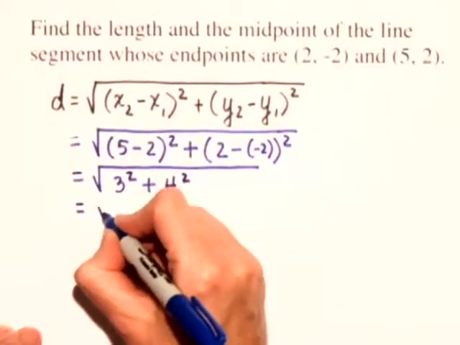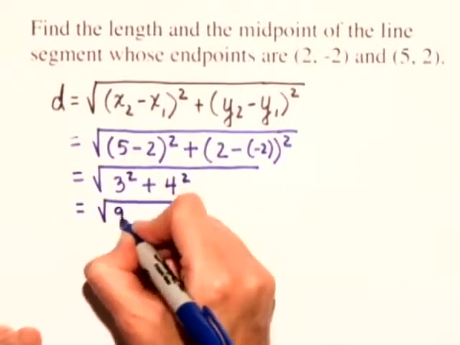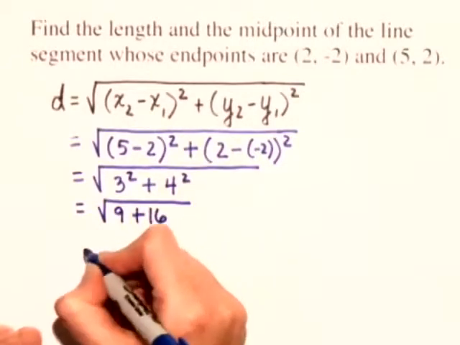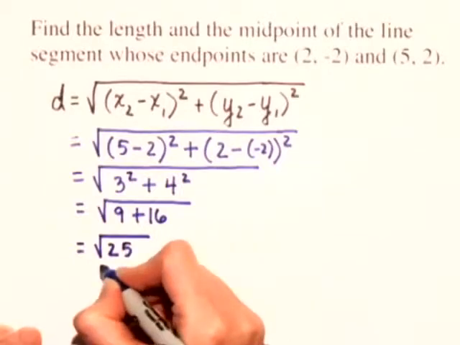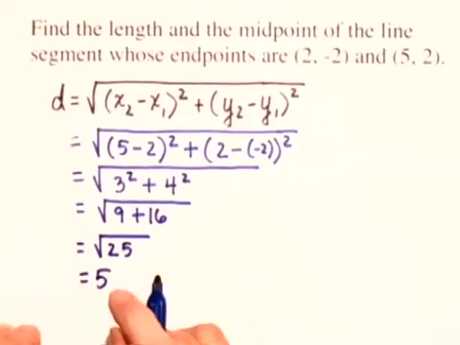And this gives us the square root of 9 plus 16, which is the square root of 25, or 5 units. So the length of the line segment joining (2, -2) and (5, 2) is 5 units long.